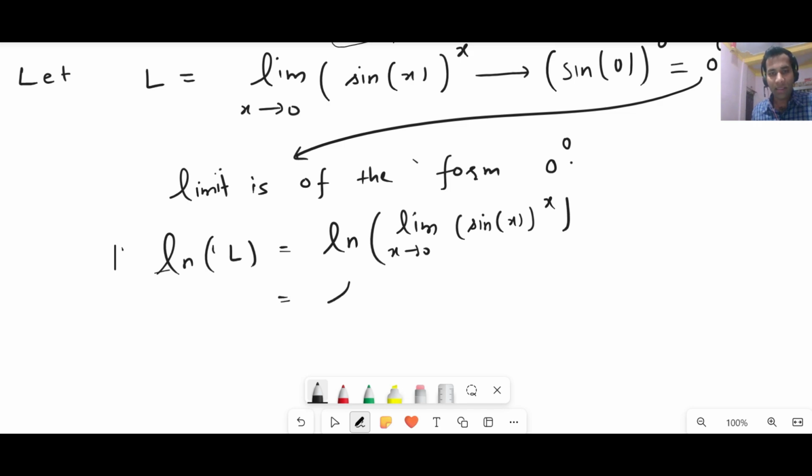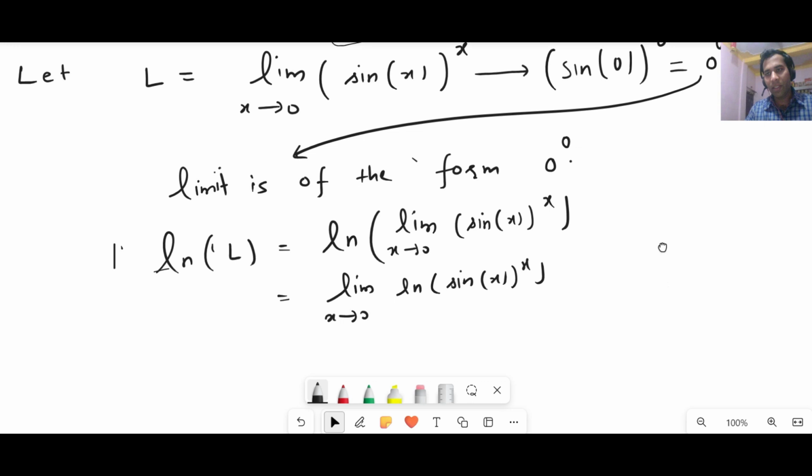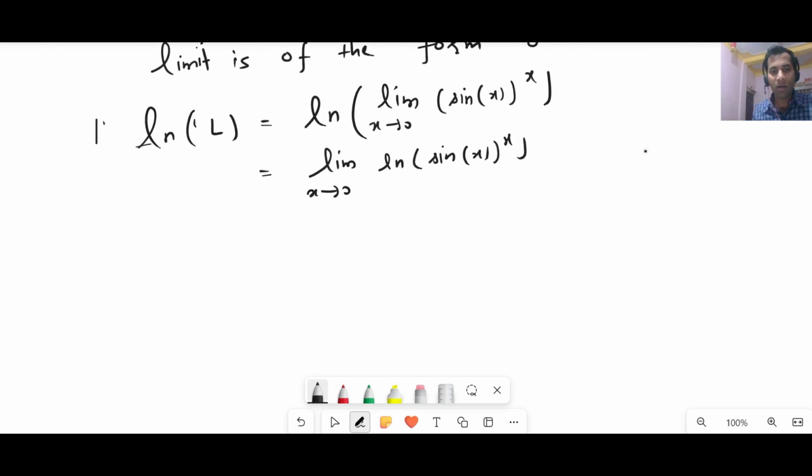So now it can be written as limit x tending to 0 of log of (sine x) to the whole power x. Further, we will use the property of log. It will give the limit x tending to 0 of x times log of sine of x.